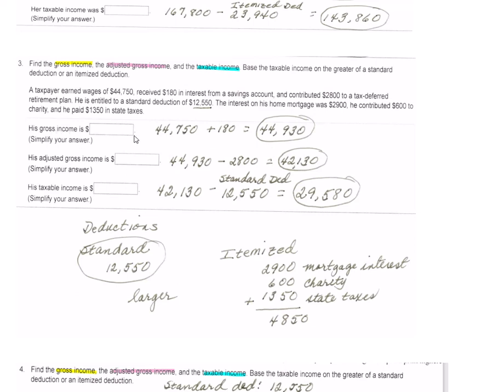Gross income: $44,750 in wages, $180 in interest from a savings account, for a total gross income of $44,930. Now, adjusted gross income, AGI. This is where we subtract off adjustments, which for us are going to usually take the form of tax-deferred retirement plans.